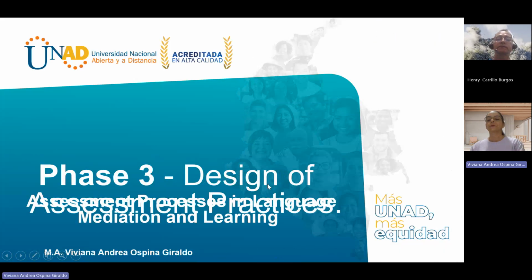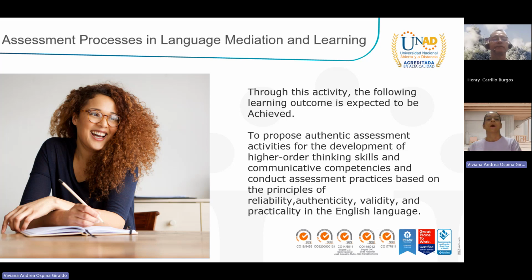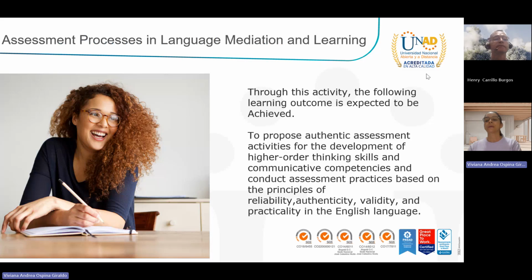Okay, so this is for phase 3, design of assessment practices, okay? So this process that we are going to begin, we are also expecting that through this activity, we are able to achieve how to propose and use authentic assessment activities for the development of higher order thinking and communicative competencies of our students.